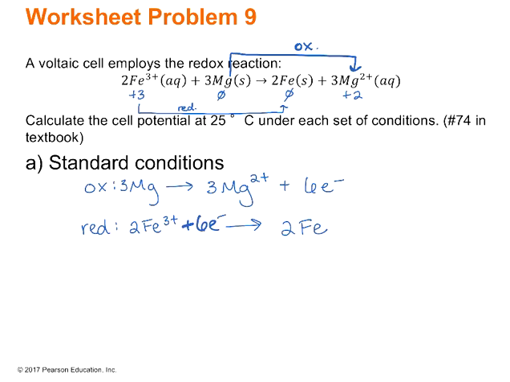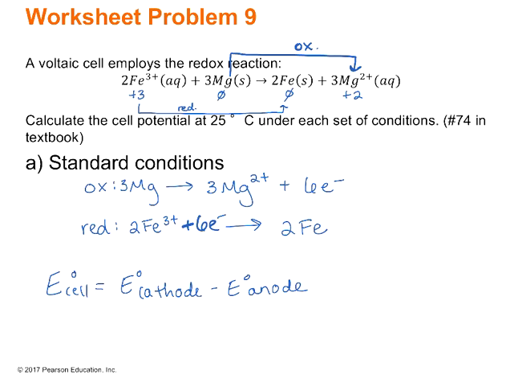We know that 6 electrons are transferred, and that doesn't really matter here, to be honest, because we can just use the equation where E cell is equal to the potential of the cathode minus the potential of the anode. So that didn't really matter, but we might need that later, so we'll hold on to that information.